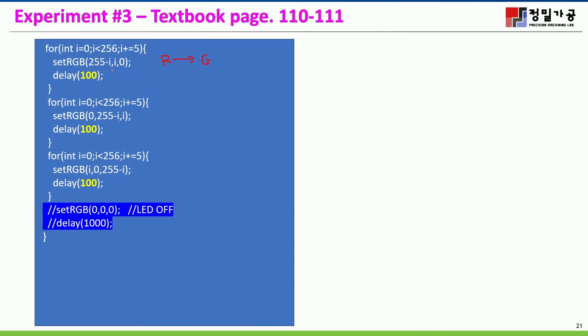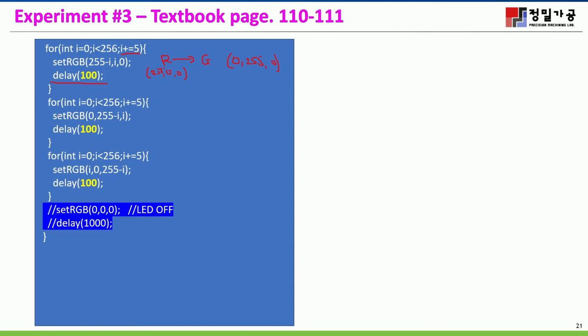This will increase while this one becomes 0, and the first result is 255, 0, 0. Then delay 100. This one is incremented by 5.